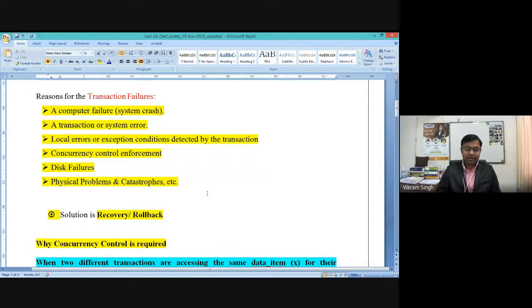So for that, we place a separate module into a DBMS system. In modern DBMS systems, we already have a recovery control, rollback or concurrency control module plugged in, right? Nowadays, most DBMS systems have one dedicated module for this purpose, right?